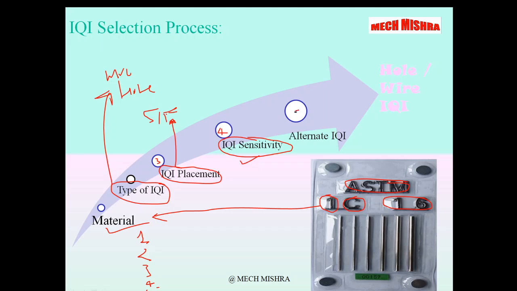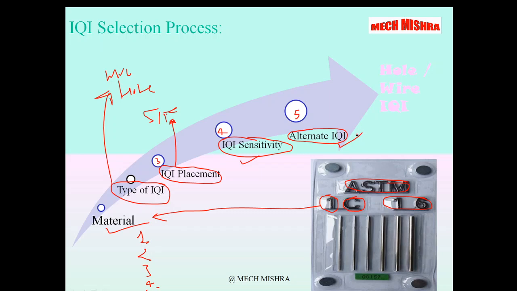Then the fifth and the last is alternate IQI. Means if we don't have the desired IQI which we need, what are the alternate IQIs available for use? That is also given by the code, and we will learn it in the upcoming slides.